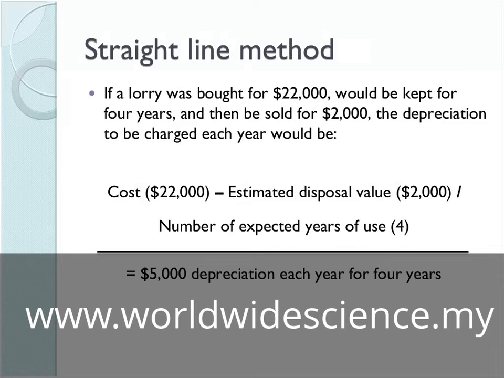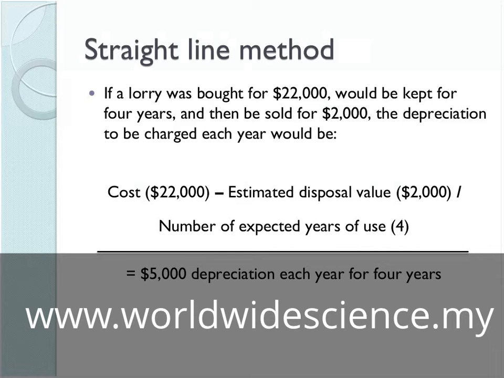So here it is saying that the company bought the lorry for 22,000, and the business is going to use it only for 4 years, and then sell it for 2,000.